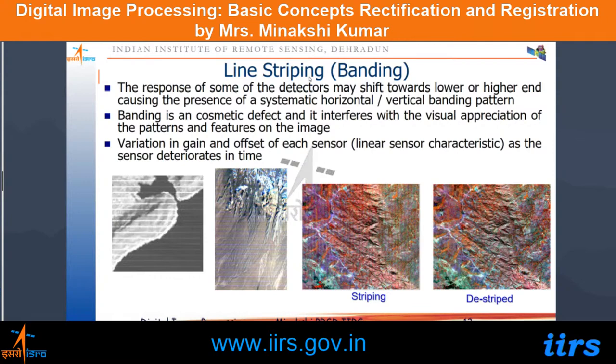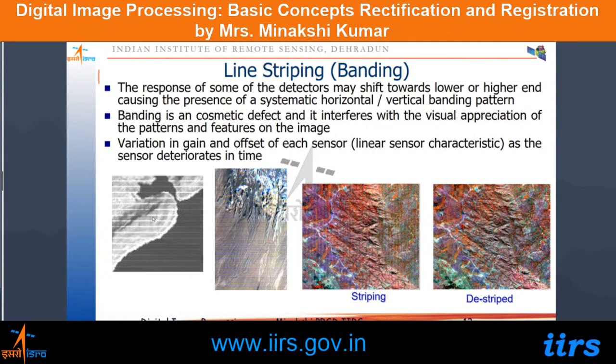Now line striping is different from line dropouts. Line striping and banding are the same, but line dropout is different. Line dropout means these lines would be black, the detector fails to record. But in line striping, the response of the detector shifts towards either a higher value or a lower value, causing a banding pattern.